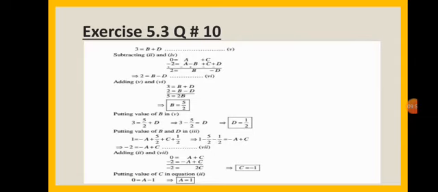Now we put this value in any one of equation number 5 or 6, and we will get the value of d. The value of d is 1 by 2, by taking the LCM of 3 minus 5 over 2.